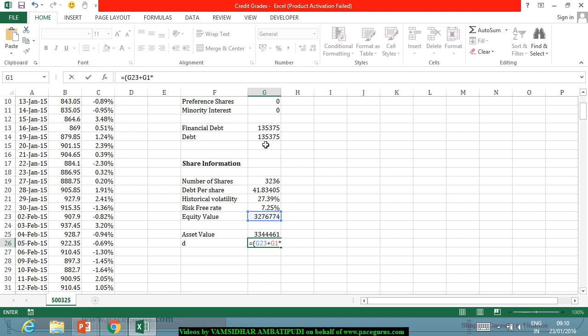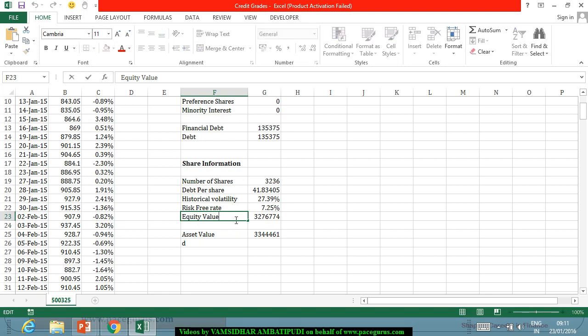It would be better if I take the equity per share itself. That would be simpler for us to operate. Even the asset value, I'll take it per share only. So I'm taking the stock price per share.